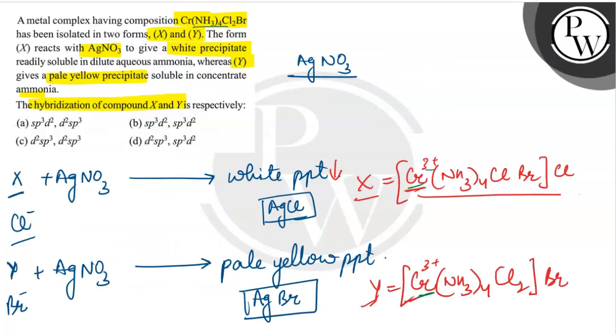If we see option A, they have said that the X hybridization is sp3d2, so this is wrong. Option C is correct, since both are given as d2sp3. The other options give the opposite or sp3d2, which is also wrong. So option C is the correct option.